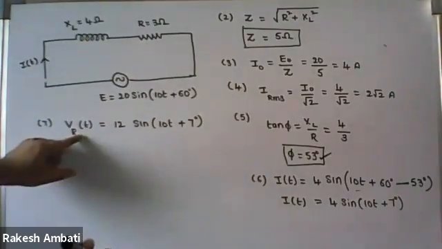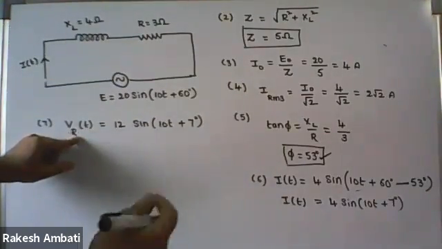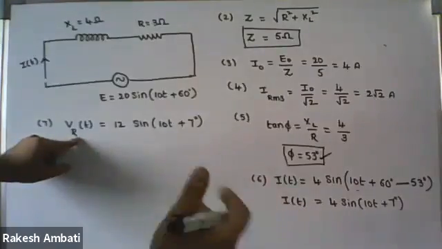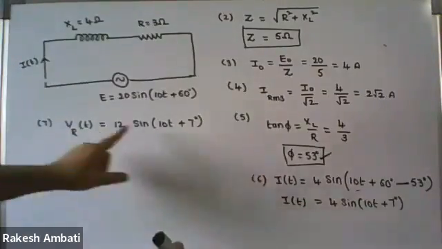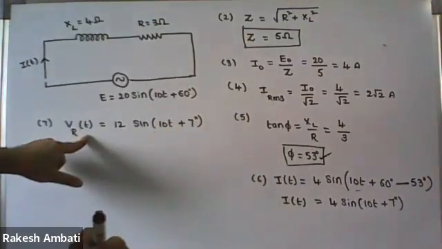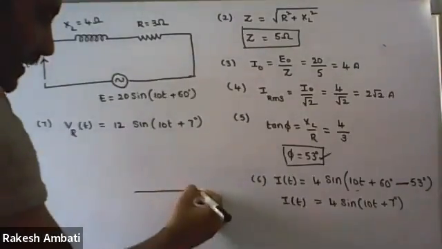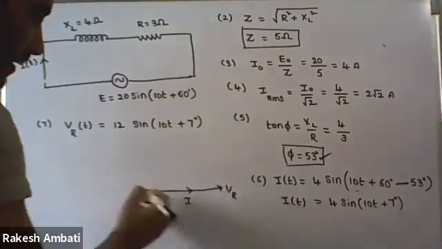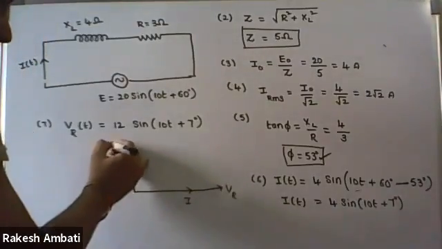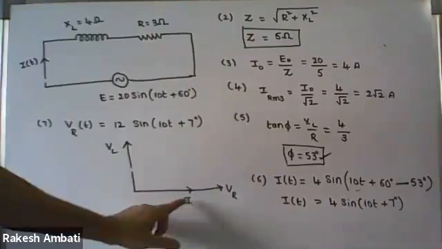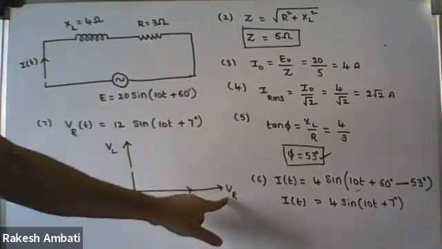Try to recall the phasor diagram. In the phasor diagram, current and VR are in the same phase, correct? Yes, sir. So it is current I, it is VR, and it is VL. Current and VR are in the same phase.